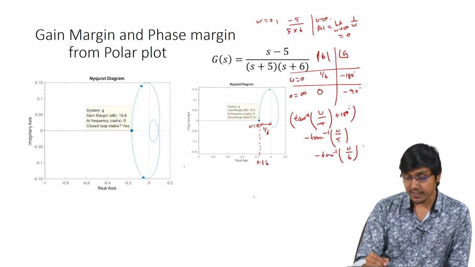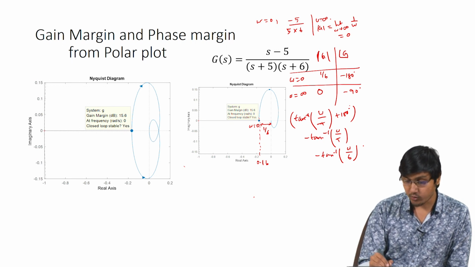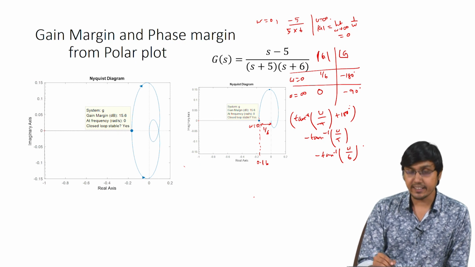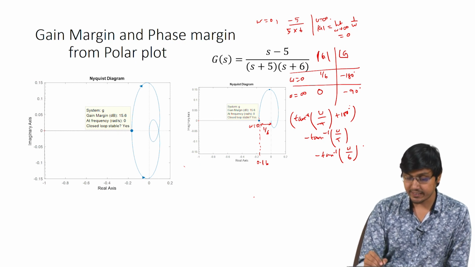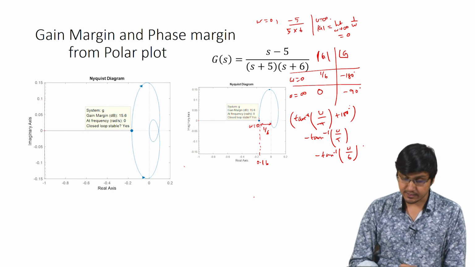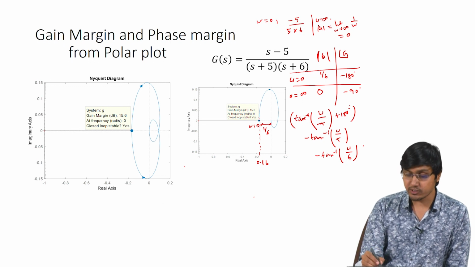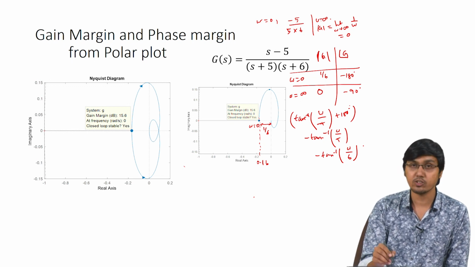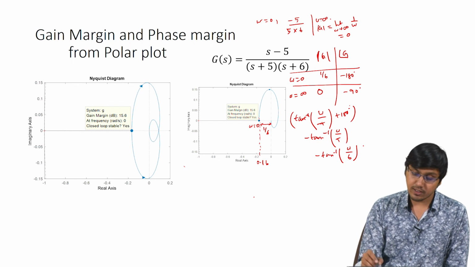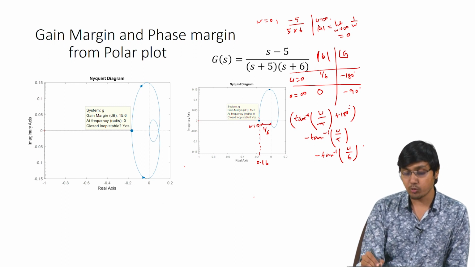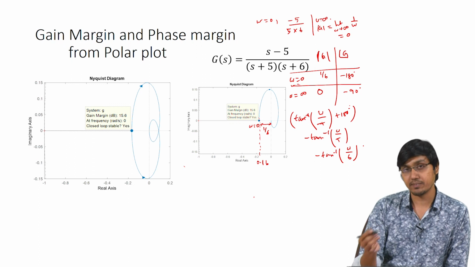Then, as omega increases, the angle also increases from minus 180 degrees to minus 90 degrees, and the magnitude keeps decreasing. Here it is a little more interesting, because you have a 0 and 2 poles, so you need more points, middle values of omega.